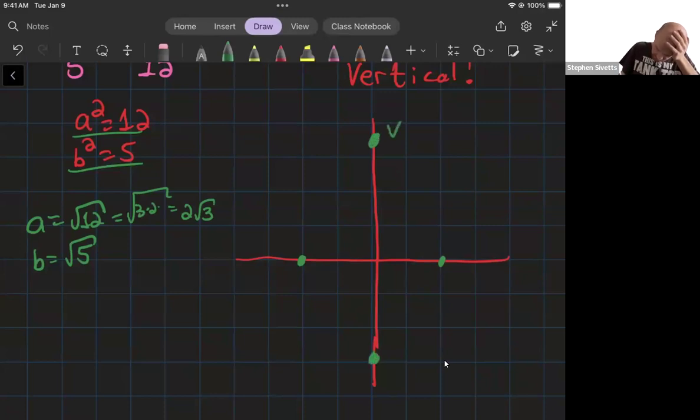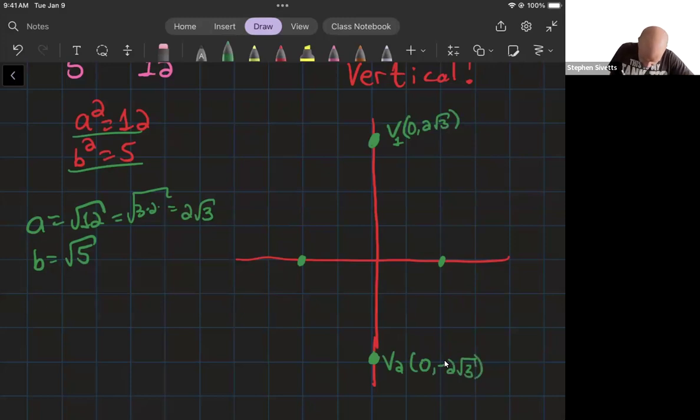V1 will be at (0, 2 root 3). And then V2 is at (0, minus 2 root 3), right?